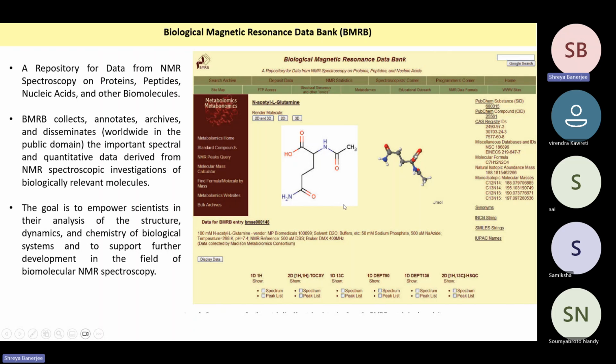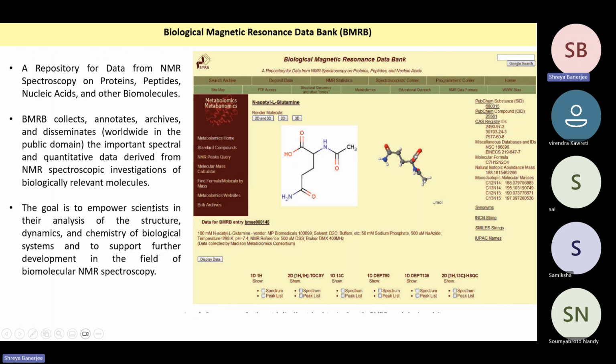So suppose you have an unknown NMR spectra and you are predicting it belongs to a particular protein. You can search in this data bank for the reported spectra of that protein, and you can compare, and that will help you find out whether the unknown molecule you have is that particular protein or not.